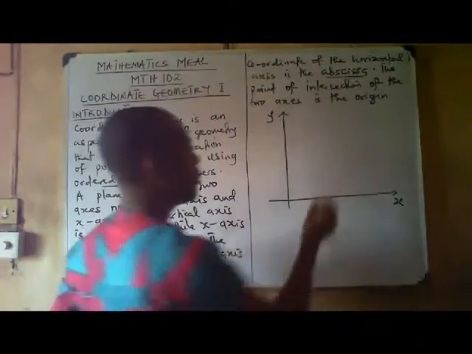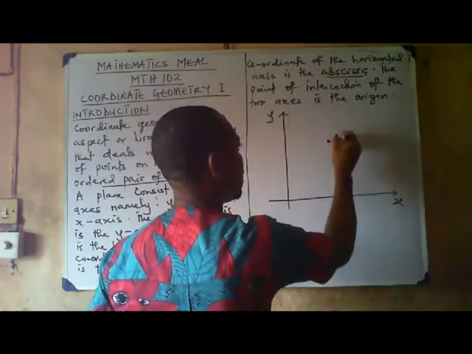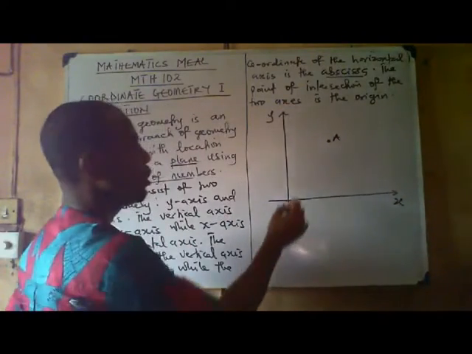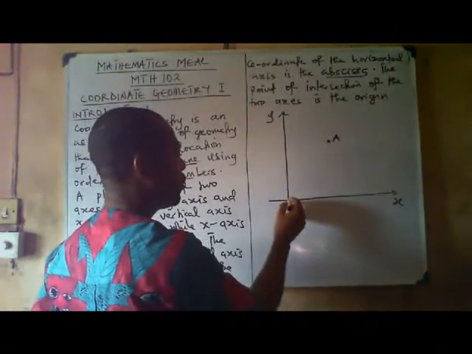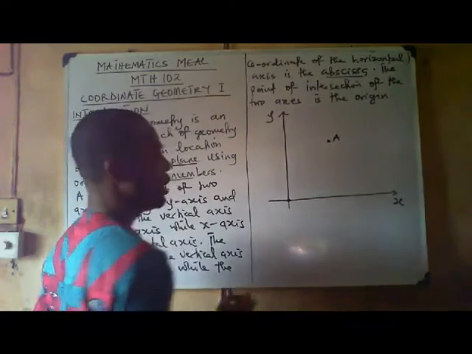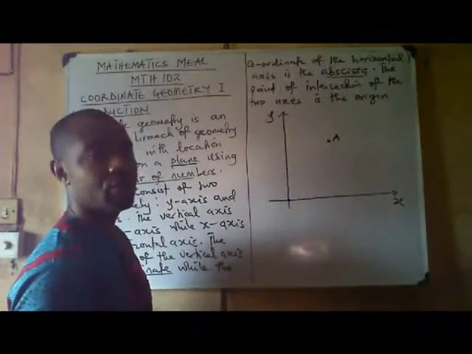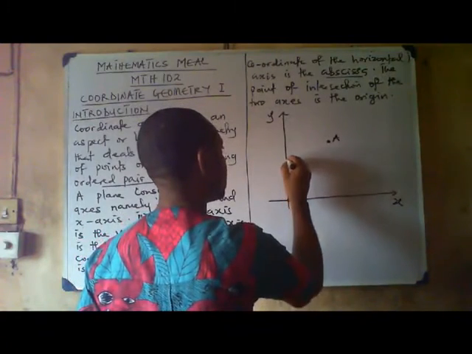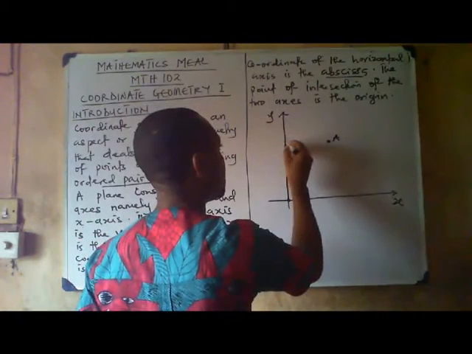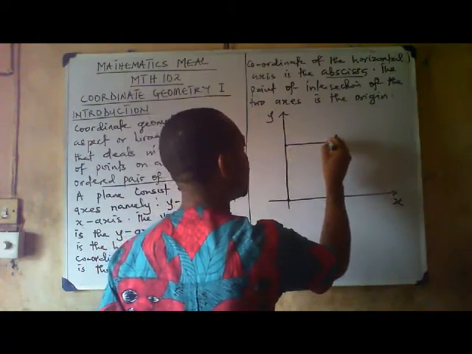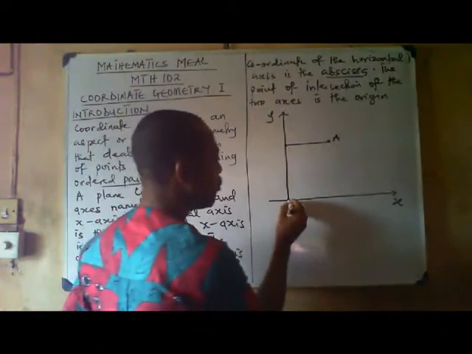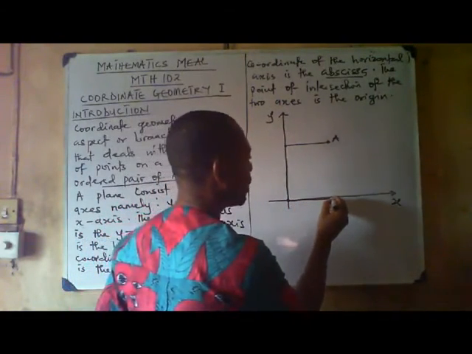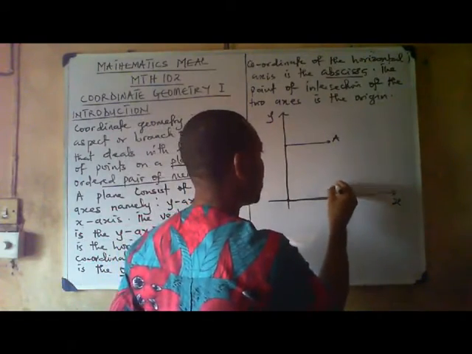Let's take, for example, a point A. If I want to locate A starting from the origin, I will either move vertically and get to this point, and then move horizontally, or I will move horizontally that way, getting to this point, and then move vertically.